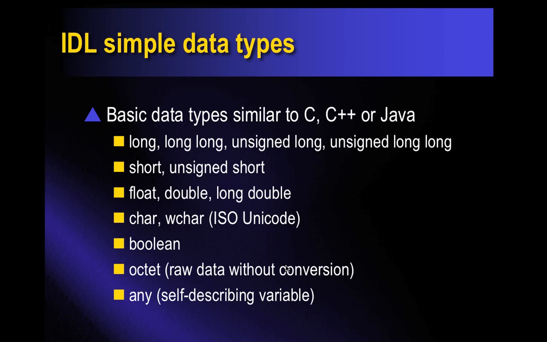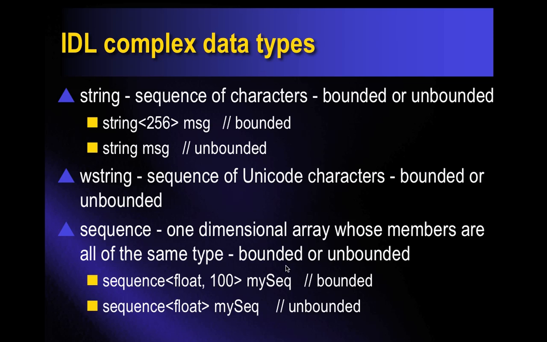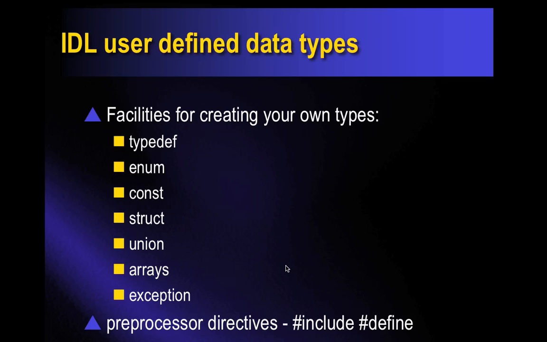I'm not going to go through all of it, but these are some of the similar data types that are supported. The float, the boolean, the strings and so on. Sequences, stream data, character data, strings themselves. Type definitions, enumerations, constants, unions, arrays, and facilities for creating your own types are also available.